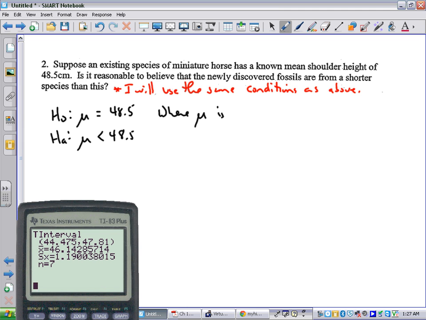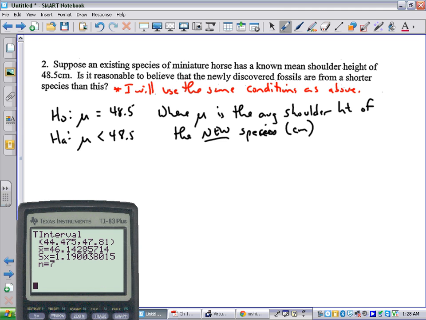The mu I'm talking about here, mu is the average shoulder height of the new species in centimeters. And it's the new species because I know that the existing species is 48.5. So you could say the new species or the fossils, the species that the fossils contain.